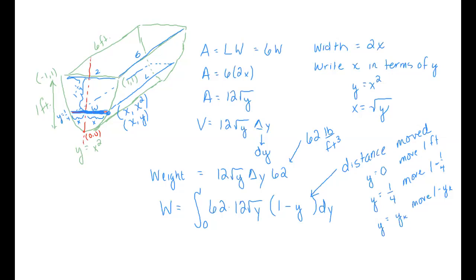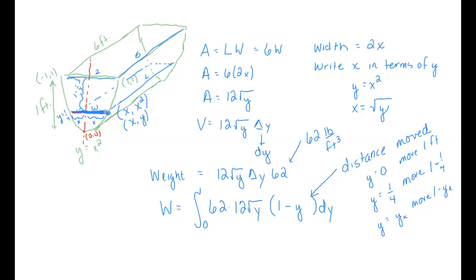What'd you say? 62 times 12 is what? It's got to end in 4. 124. How much? 744. I thought you said 64 at first. 744. Okay. Thanks, Caitlin got that for me.